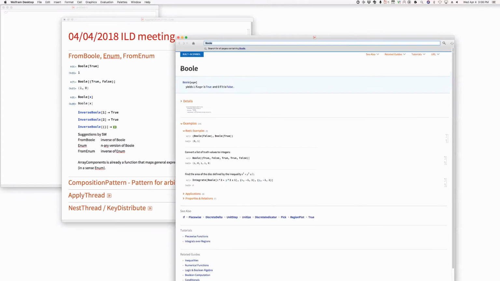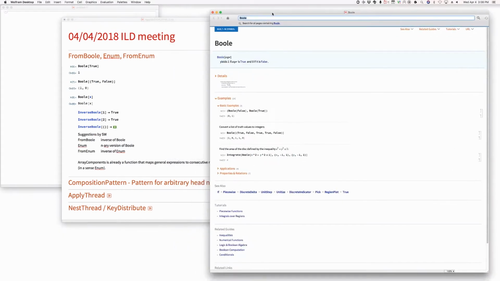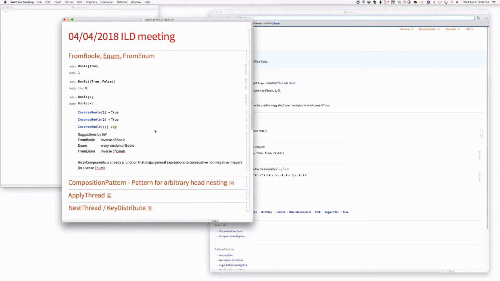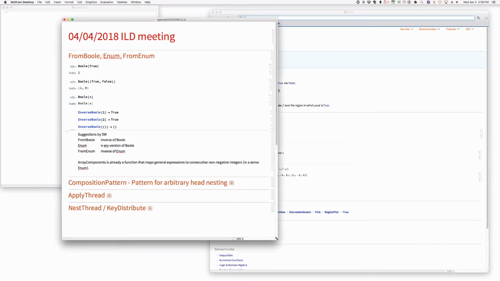All right. The other case of this is the enum case, where you're basically taking an indicator function.